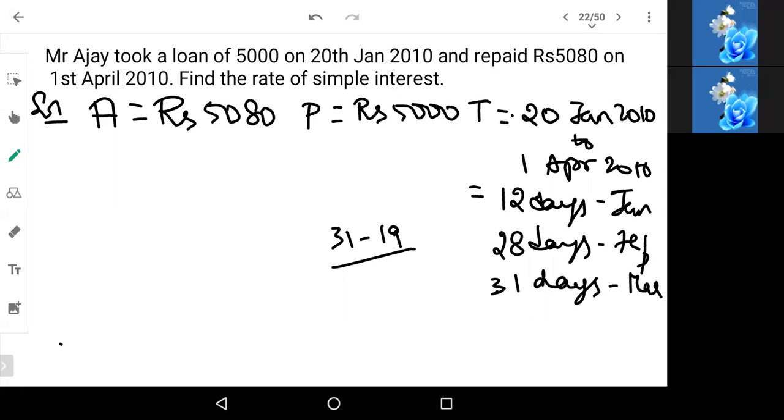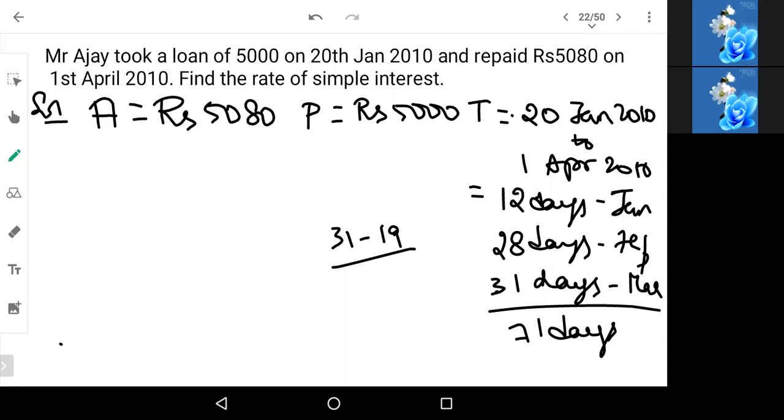And since we are leaving the last date, we will consider the 20th Jan and we'll leave the last date. Now tell me how many number of days. 12 plus 28 plus 31 will give us 71 days.